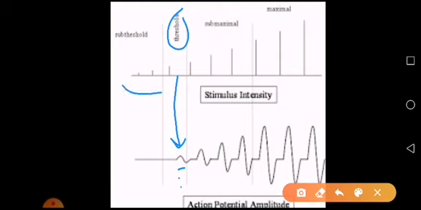Below the threshold, no action potentials are obtained, and as we increase the intensity of the stimulation, the number of excited fibers will increase till we reach the maximal number of excited fibers, that are all the fibers in the nerve. So when the intensity of the stimulation increases, we will obtain a stable and constant amplitude of global potential, and we will not be able to increase it more as before.